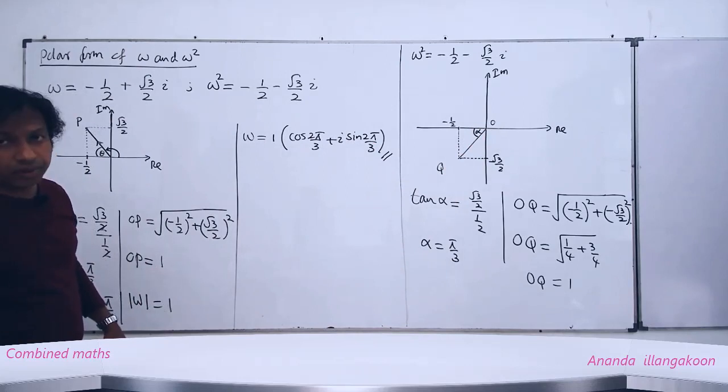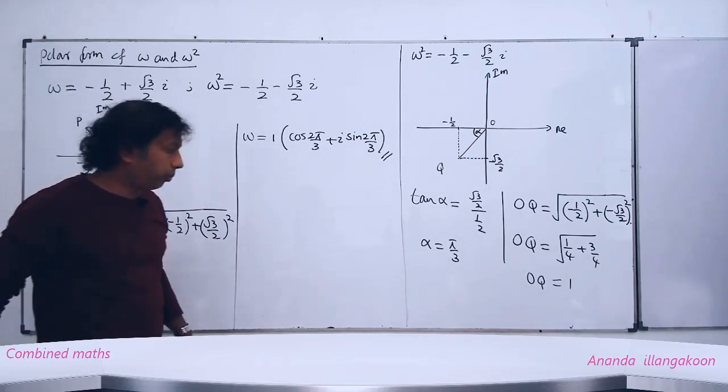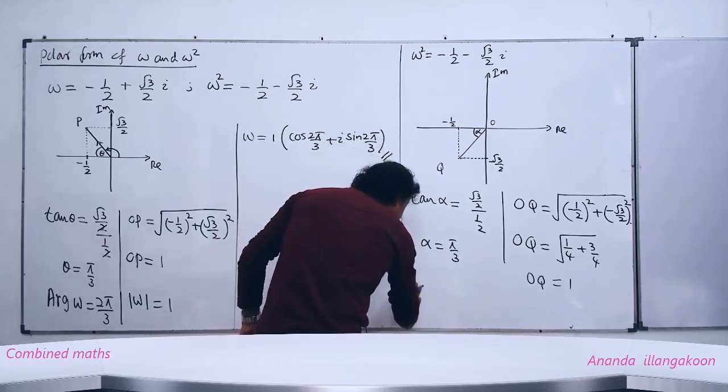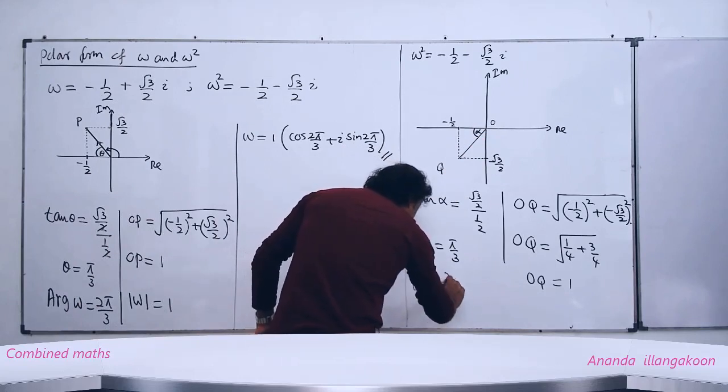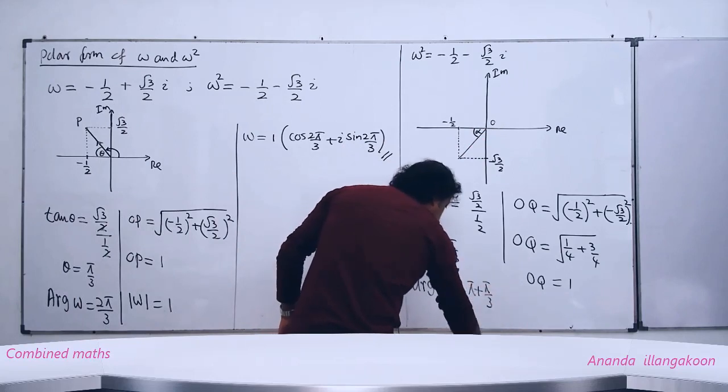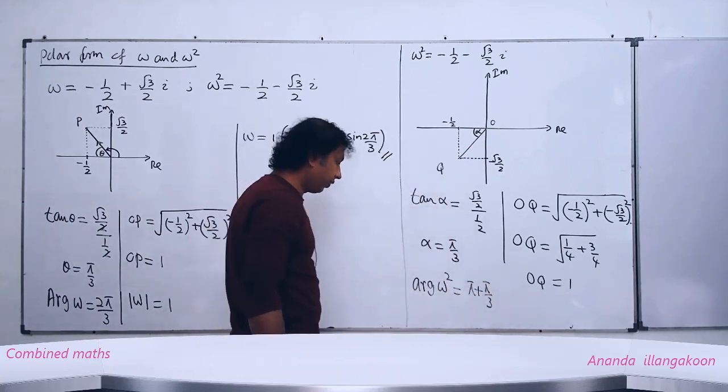Then what is the polar form? Omega squared, modulus is 1. Arg of omega squared is pi plus pi by 3, that is 4 pi by 3.